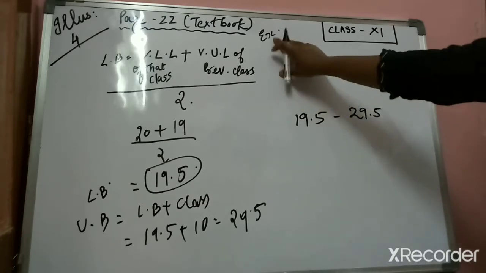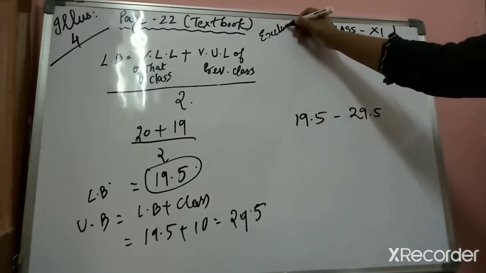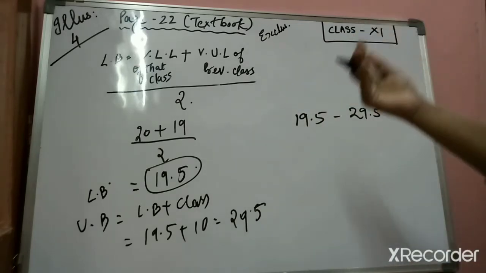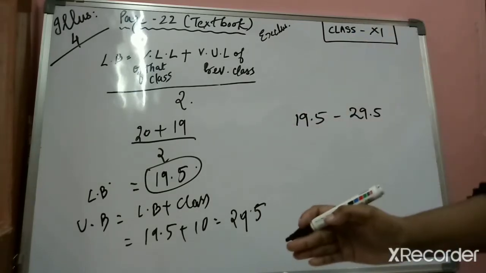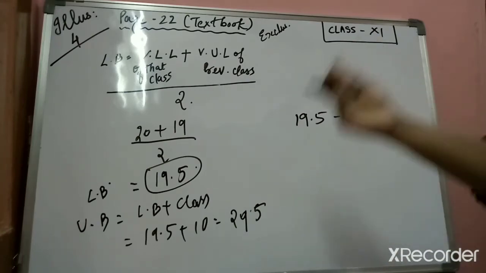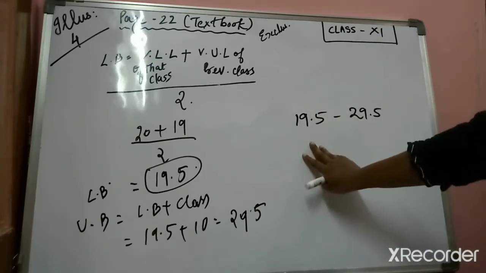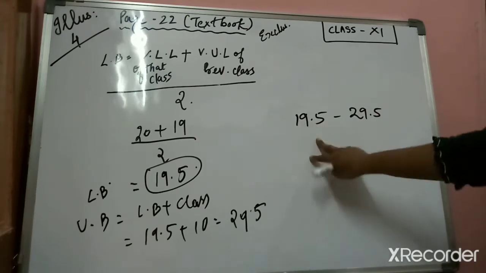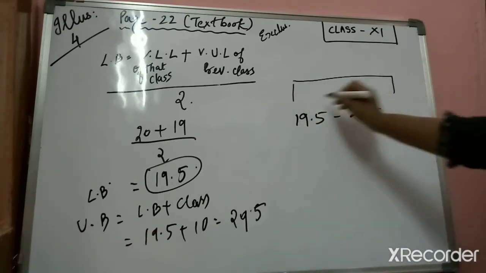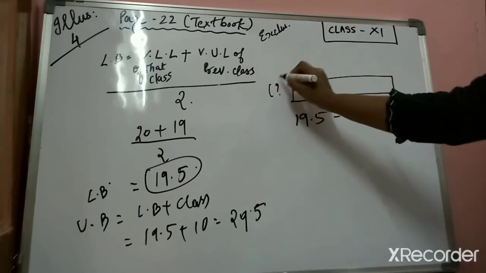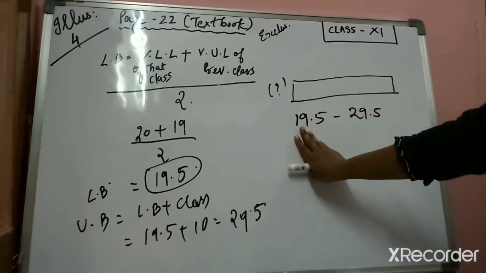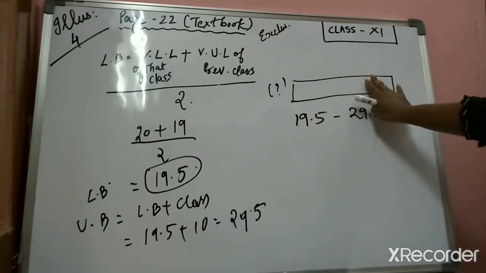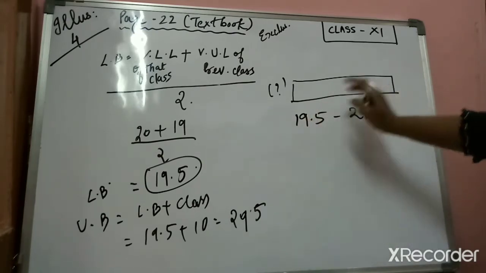So as we found one of the classes as 19.5 to 29.5, now we are finding out the exclusive classes, right? So what was the definition of exclusive classes? If the upper limit of any class and the lower limit of its succeeding class are the same. So this is my succeeding class. So what is the previous class? This I have to find out. The lower limit and the upper limit of the previous class should be the same.